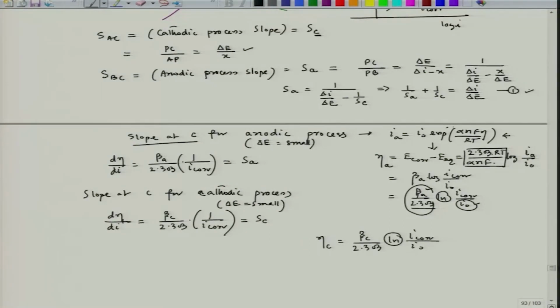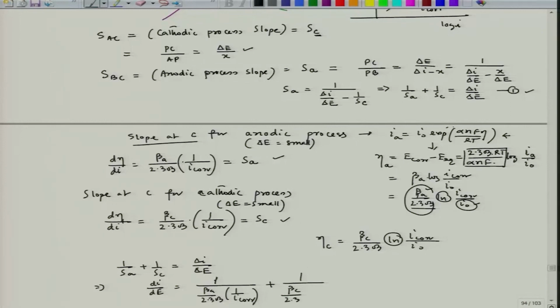Now if I put these two things in equation 1, then 1/SA plus 1/SC equals ΔI/ΔE. So I can write ΔI/ΔE equal to 1/(βA/(2.303 Icorr)) plus 1/(βC/(2.303 Icorr)), and here I can put Icorr because IC for hydrogen equals IA for metal equals Icorr.